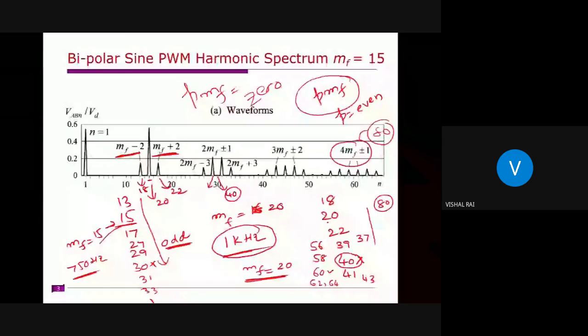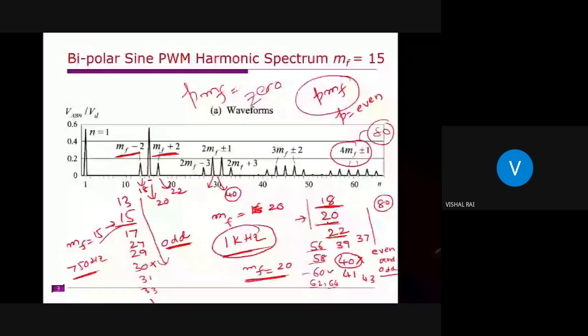Whereas if I select MF equal to 20, we have the 18th, 20th, 22nd order harmonics, and again 56, 58, 60, 62, and 64. All of these are even numbers. That means it's a mix of even and odd, with even numbers predominant.